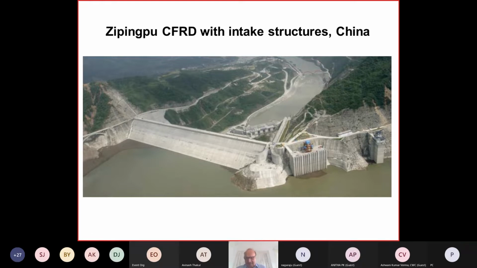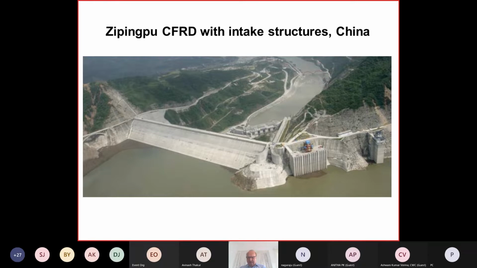I have discussed that already. You see here, this is not the case. Also, there are still many, let me say, seismologists who still claim that the filling of this reservoir is responsible for triggering the Wenchuan earthquake.